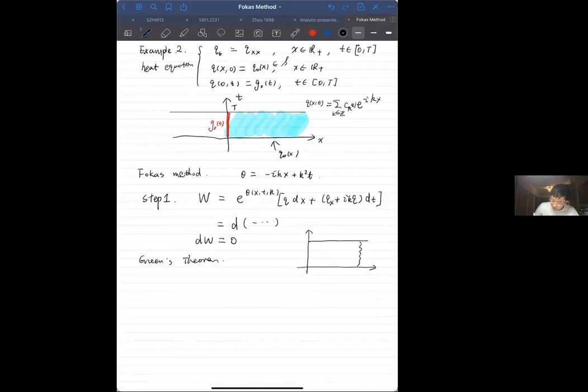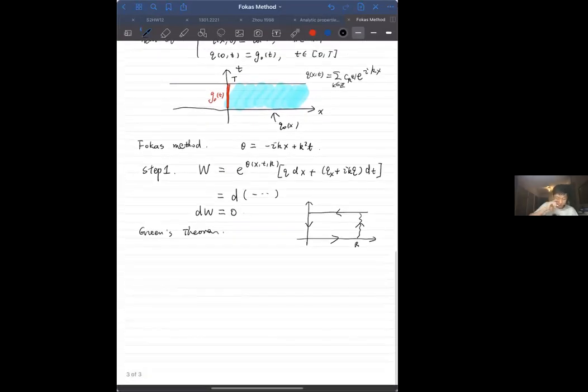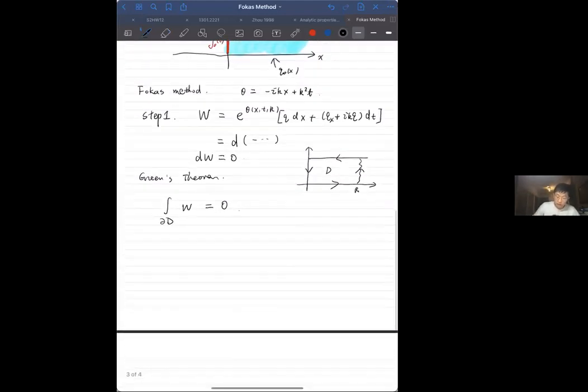Let's consider a region D with this contour. The integral of this one form is 0, because it is exact, so any loop integral gives 0. Then you let R go to infinity.